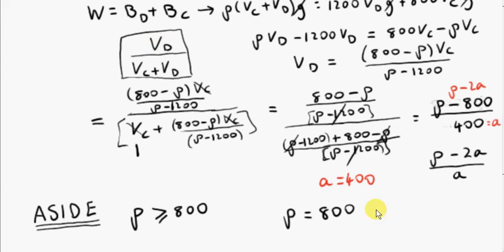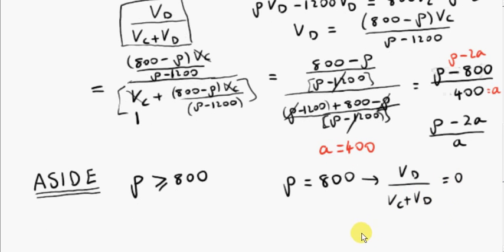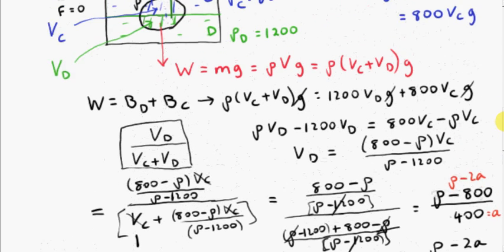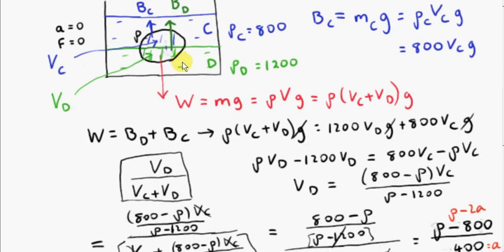So this fraction, VD over VC plus VD, will equal 0. And if a fraction is 0, it means the numerator, the thing on top, must be 0. So what does this tell us if rho is 800? Well, the part of the object immersed in liquid D will be 0. So none of the object will be in liquid D if the density of this is 800.